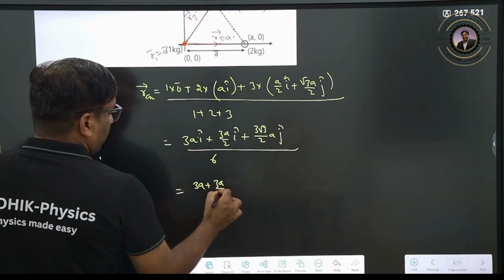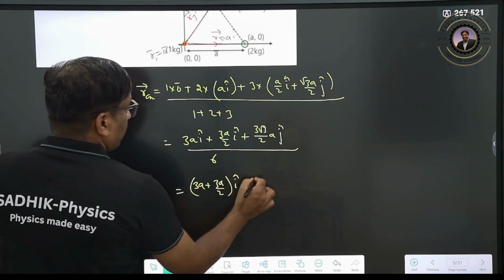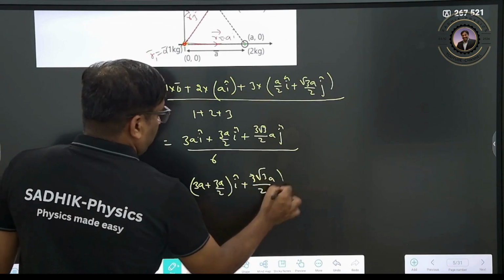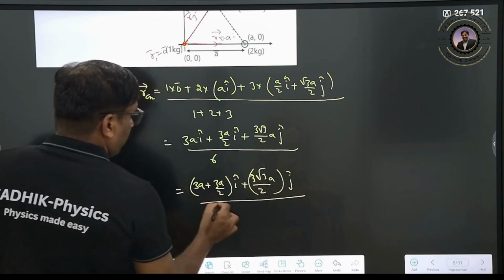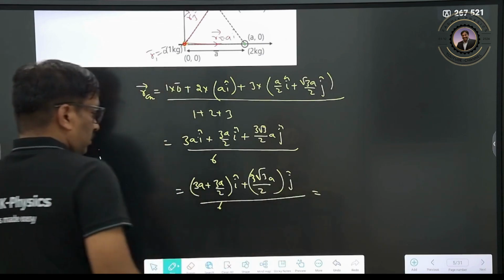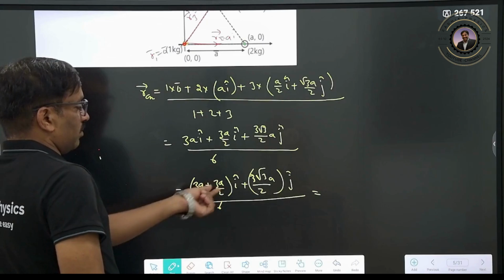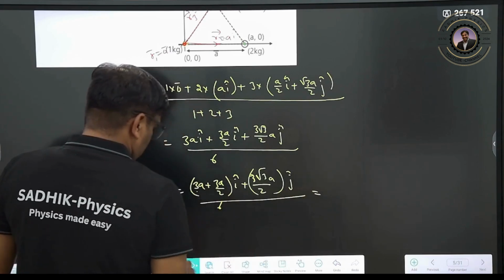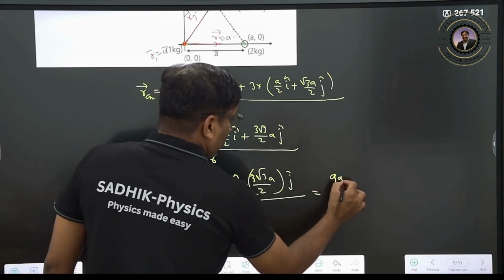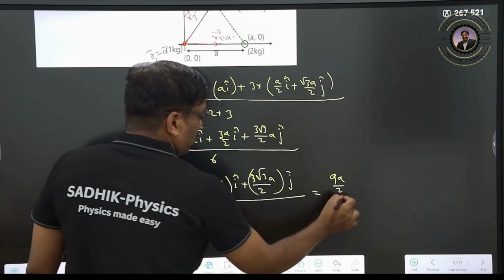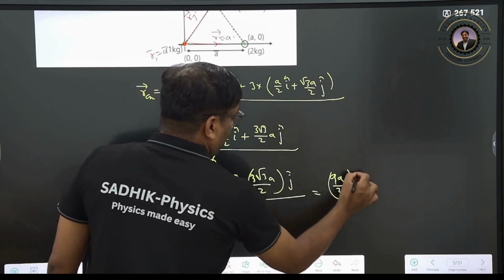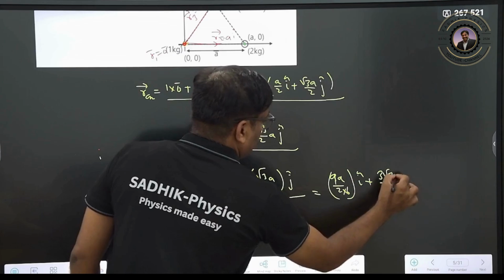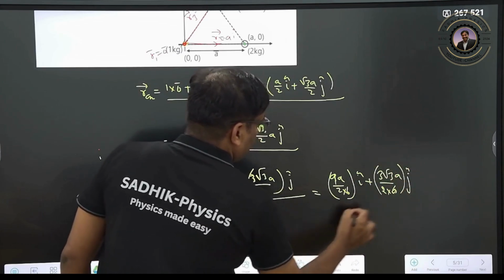3a plus 3a by 2 i cap, 3 root 3 by 2 a into j cap, divided by 6. Now this is 9a by 2 divided by 6 into i cap, and 3 root 3 by 2 into 6 a j cap. Clear?